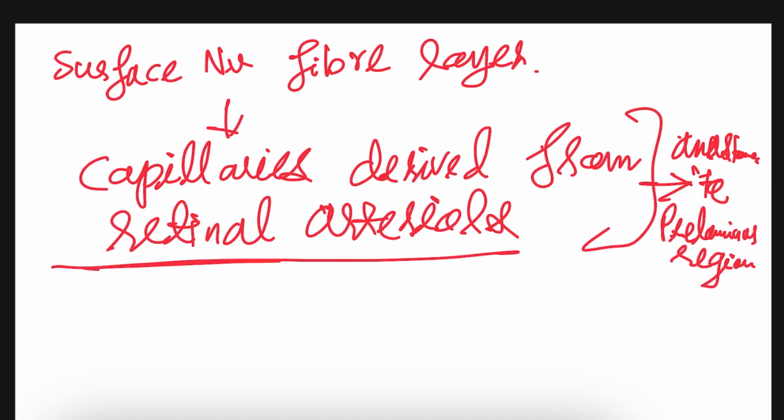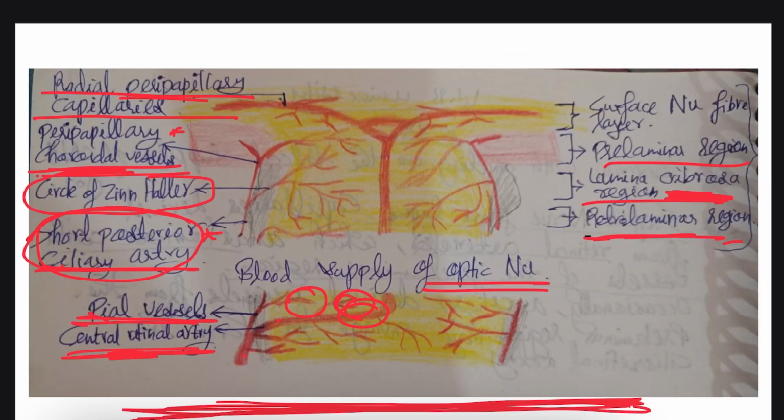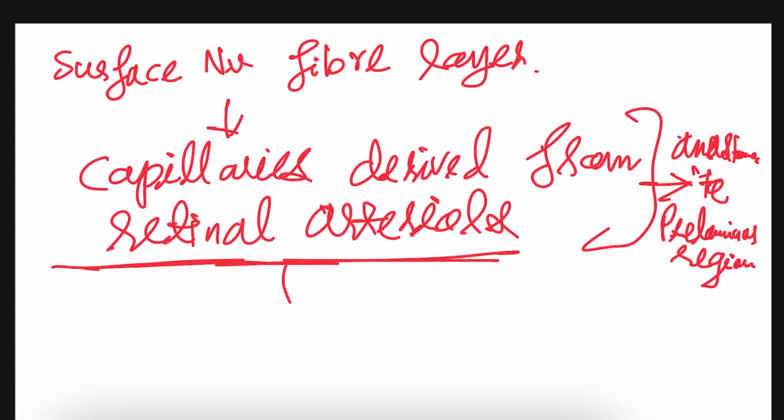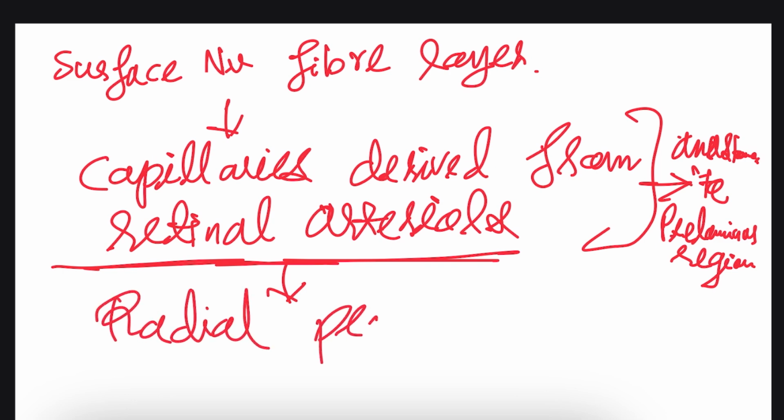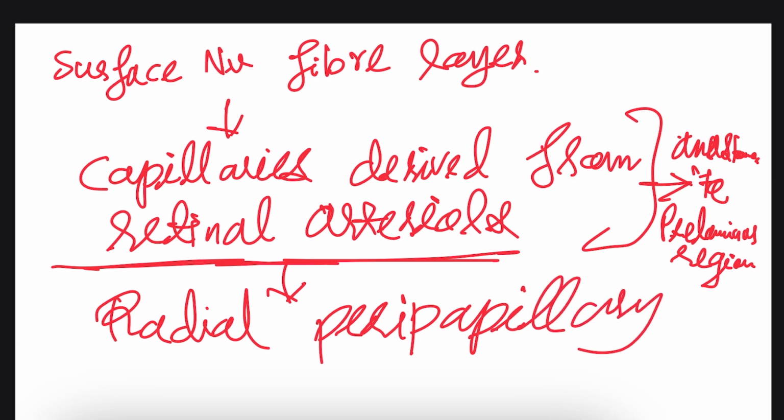And these capillaries were named in the diagram as the radial peripapillary capillaries. You can remember it as radial peripapillary capillaries.